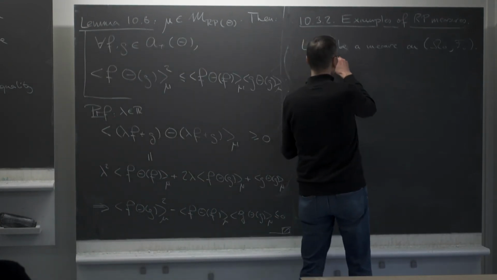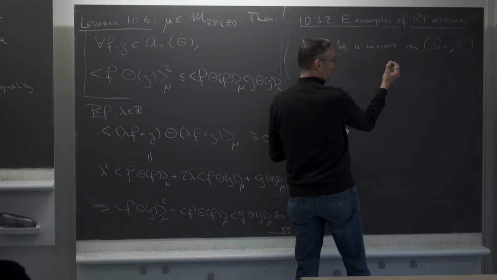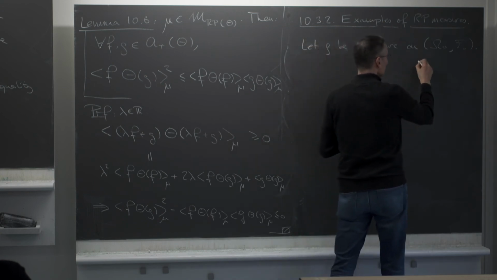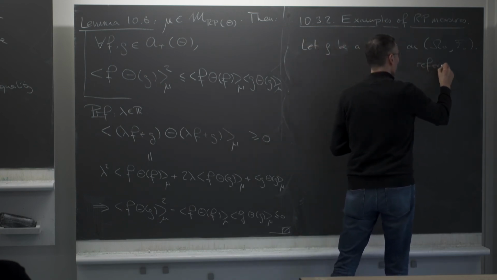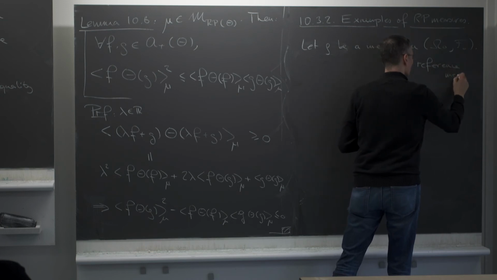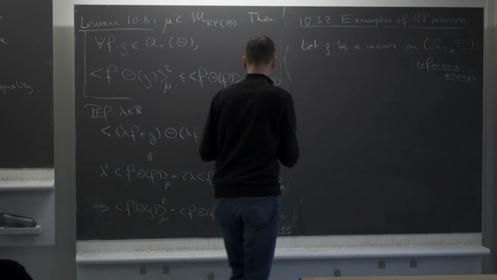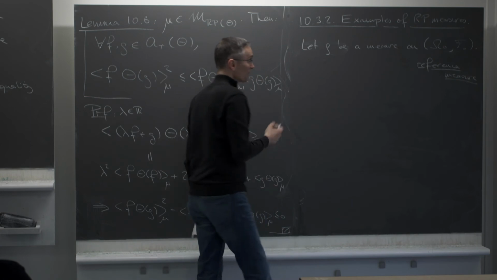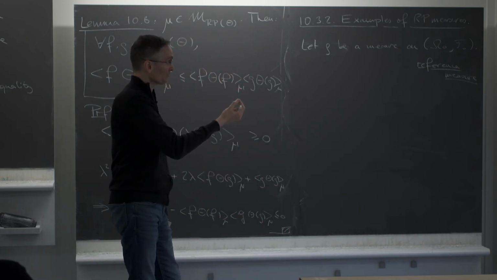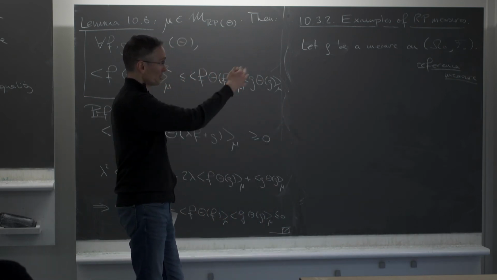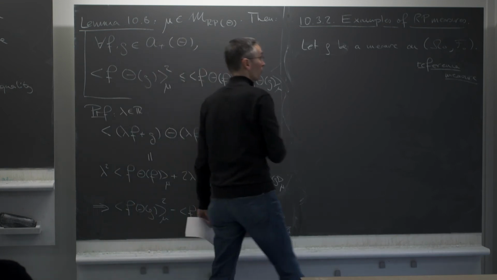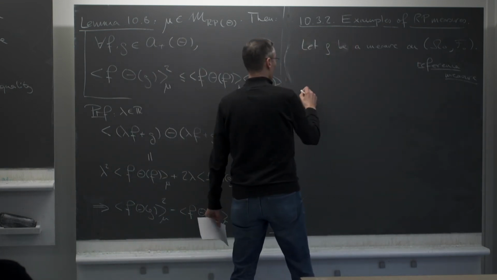This measure rho, defined on each single spin space, is what I will call the reference measure. From this reference measure I can construct a measure defined on the whole configuration space omega L as follows.